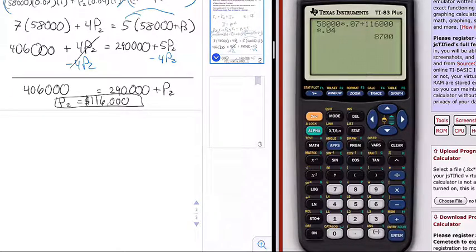So then, to calculate the rate, we're going to divide that by P times T. So we're going to say that divided by, now the total principal is the 116,000 plus the 58,000.